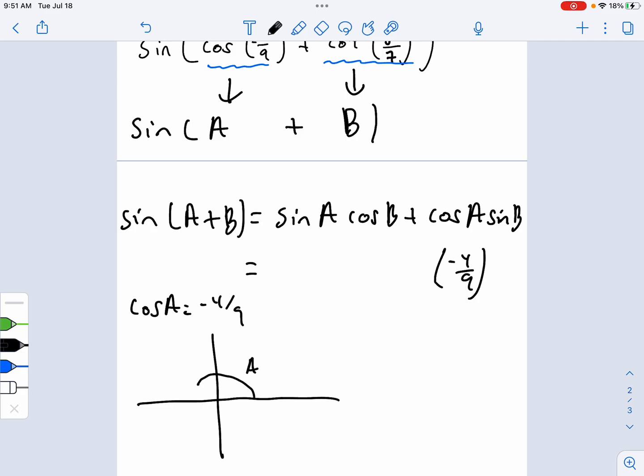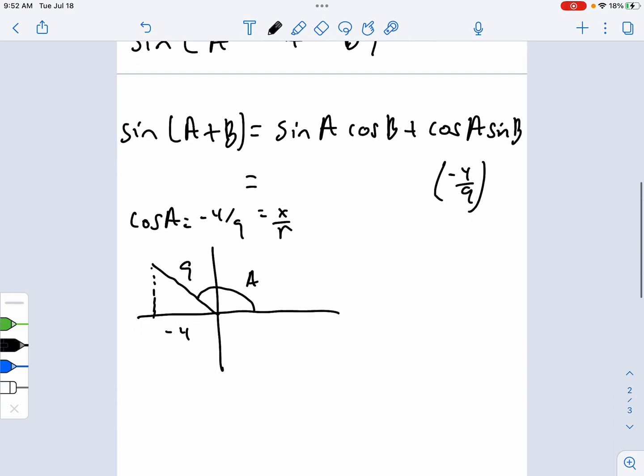So here's A, and here's where our angle would be. Cosine is x over r, so this would be minus 4, and this would be 9 here. If I'm looking for sine of A, that would be y over r. I don't have what y is, so I need to find that, and I can use the Pythagorean theorem.